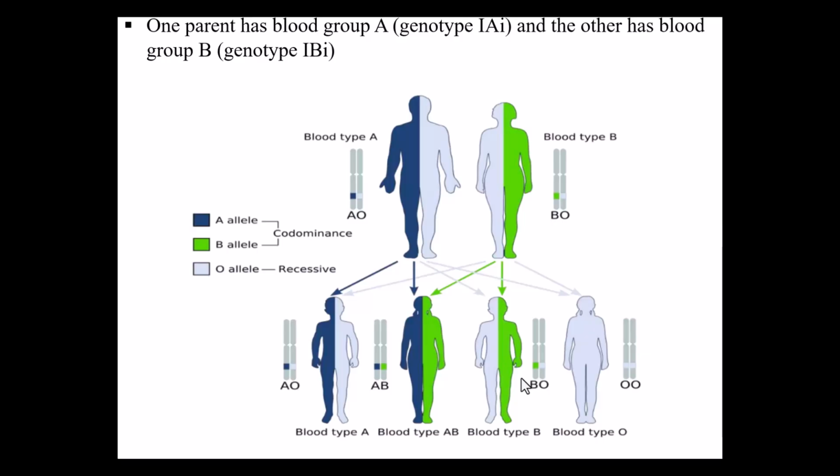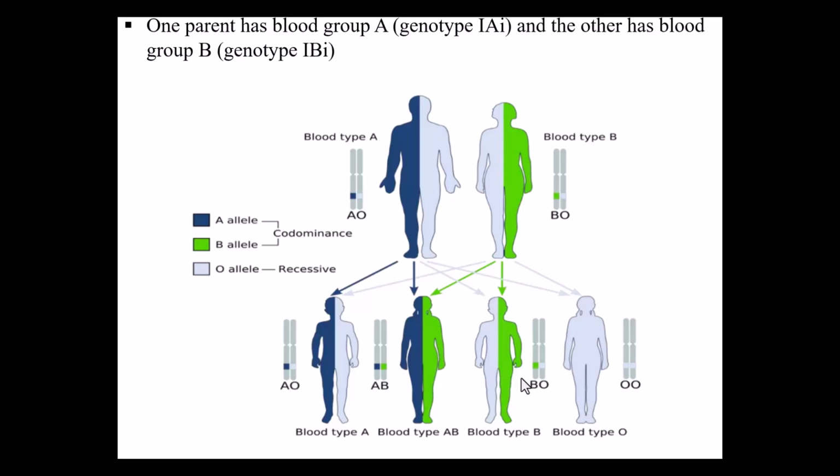And then we have an example of the codominance trait of non-Mendelian inheritance. One parent has blood group A, and the genotype is IAi, which means it's heterozygous, and the other has blood group B. The genotype is IBi, also heterozygous.